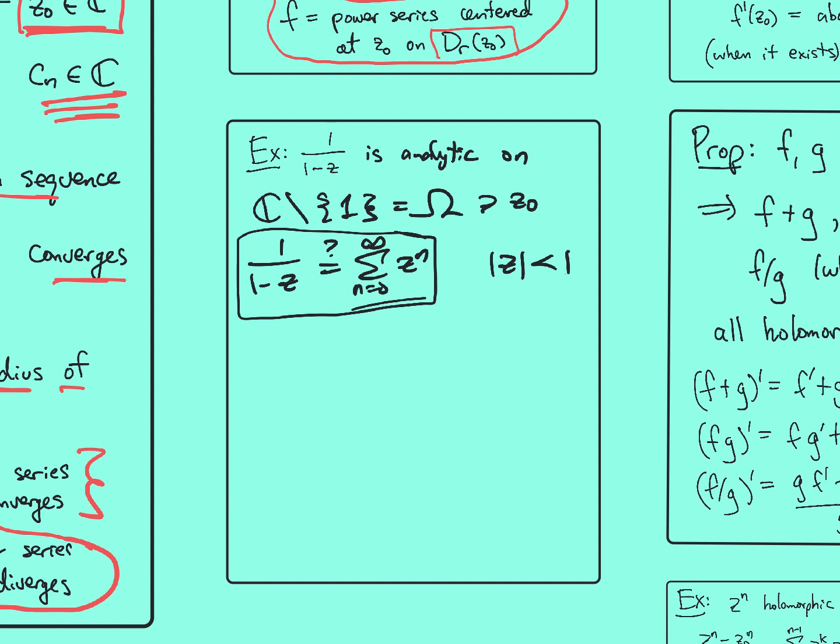Well, you might be used to proofs of this, but let's go through it. So you would look at the partial sums, and we have the familiar algebraic formula for the partial sums of a geometric series.